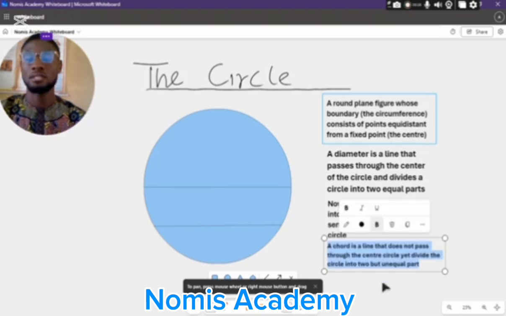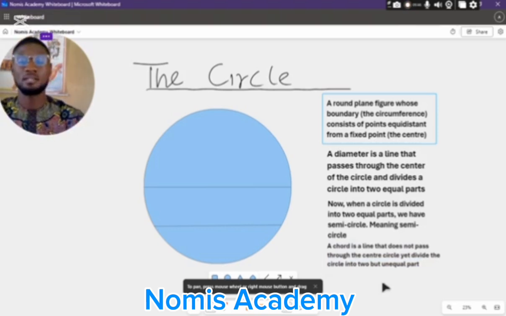So a chord is a line that does not pass through the center of the circle. That tells us it cannot divide the circle into two equal parts, but unequal ones.